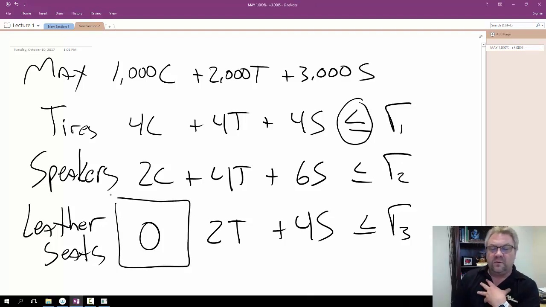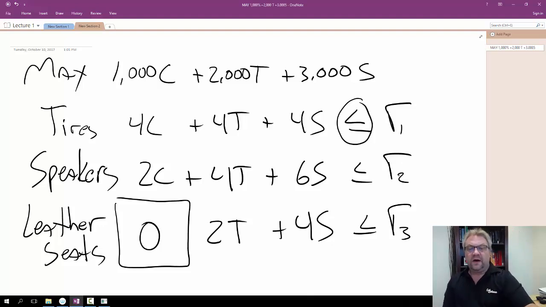In your constraints, I want you to understand that it is okay to have a 0 in some of your constraints. That is okay, right? For example, in this case, leather seats are not part of the car, so we would just have a 0.